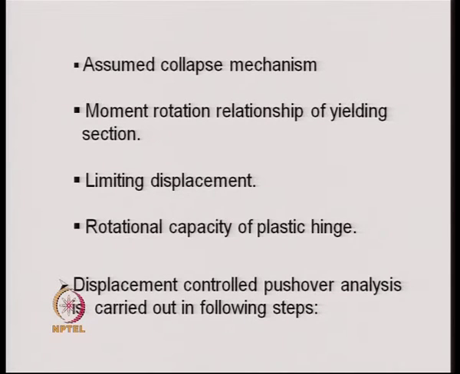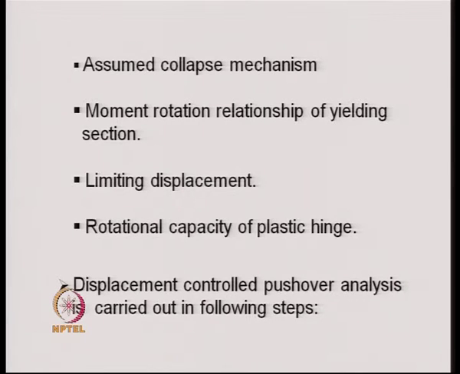So, this collapse mechanism that we are defining to stop our calculation is an important thing, or sometimes a premature collapse state can come into the picture because of the singularity of the matrix, and at that stage one has to stop, and the mechanism that we get, we say that is the failure mechanism.